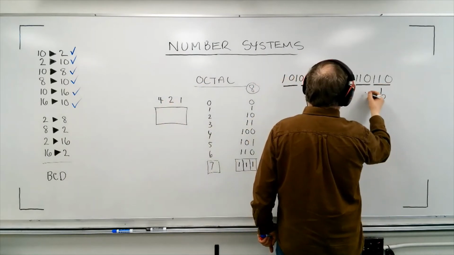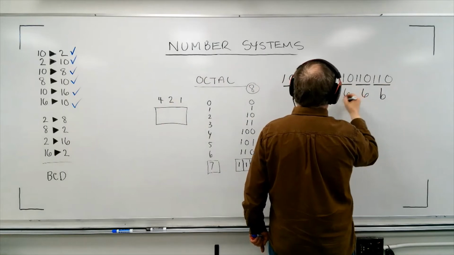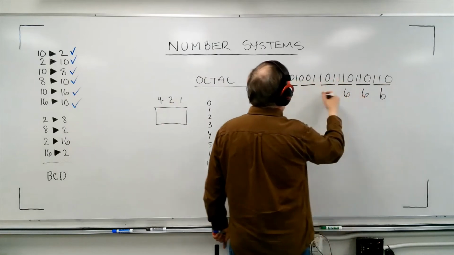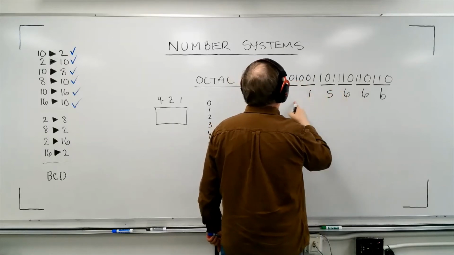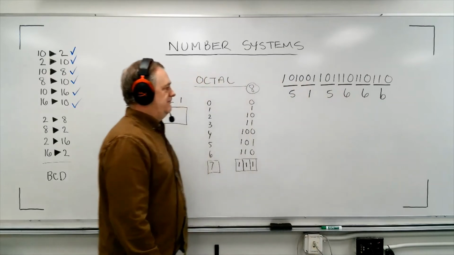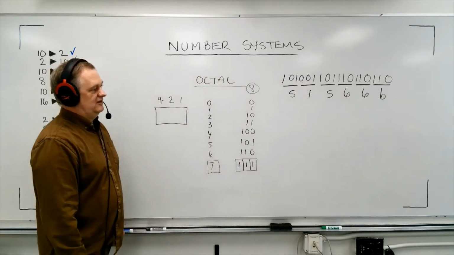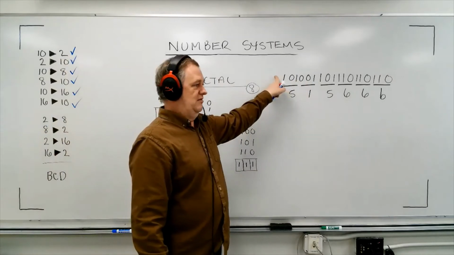This is also going to be a 6. This is also going to be a 6. This is going to be a 5. This is going to be a 1. And this is going to be a 5. So that means that 515666 is actually the octal number that matches this binary number.